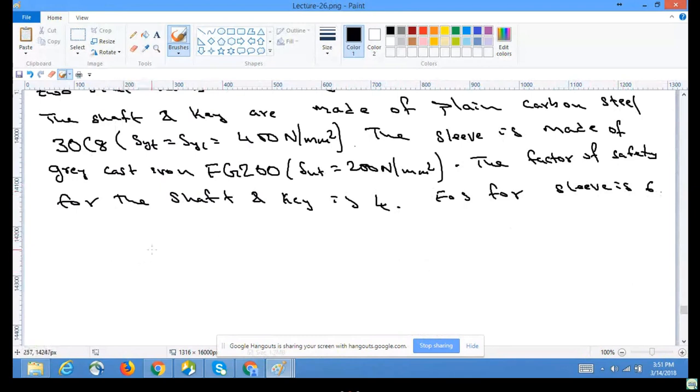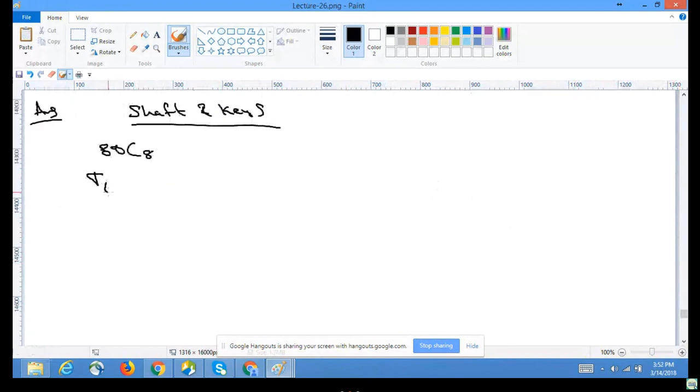Then determine the coupling dimensions. So for this, we know that the shaft and keys are made up of 30C8. So 30C8 has sigma t equals SYT by factor of safety, that is 400 divided by 4 is 100 Newton per mm square.